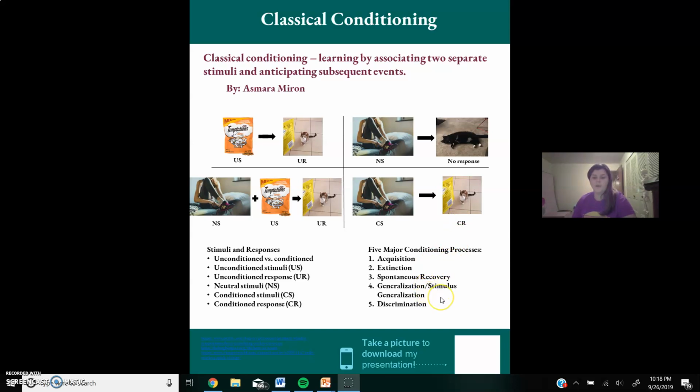Then the fourth term is generalization, or stimulus generalization, which means that the CR would occur in response to a CS that was just similar to the actual CS. So the cats would swarm around me in response to something similar to putting my shoes on.